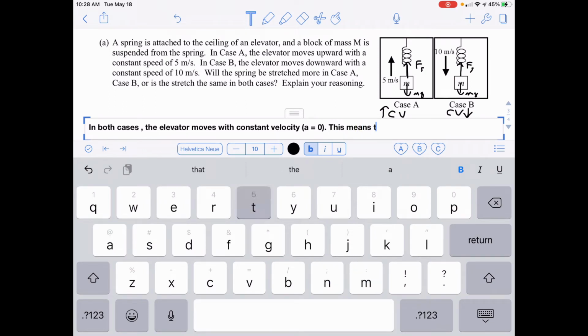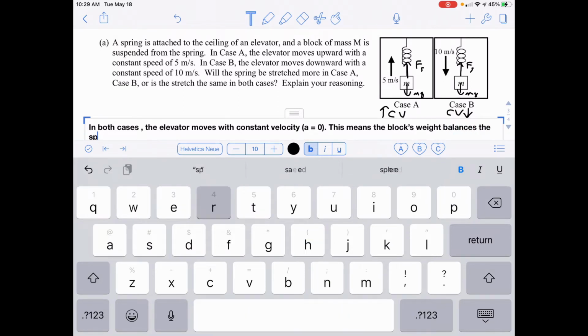This means the block's weight balances the spring force.